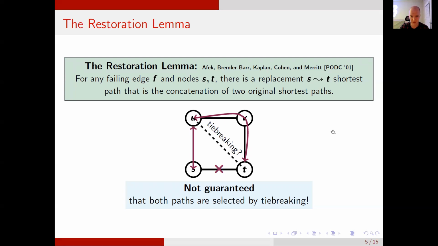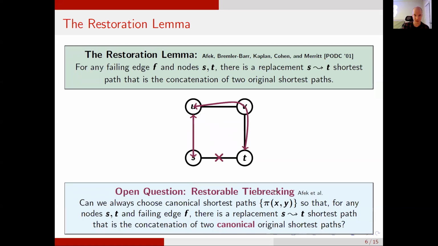The way forward that they suggested was this open question that we're calling restorable tiebreaking. So they asked, basically, in the design of the initial routing table, is there some way to be clever about the way that we break our shortest path ties so that the restoration lemma works exactly how you would like it to work?